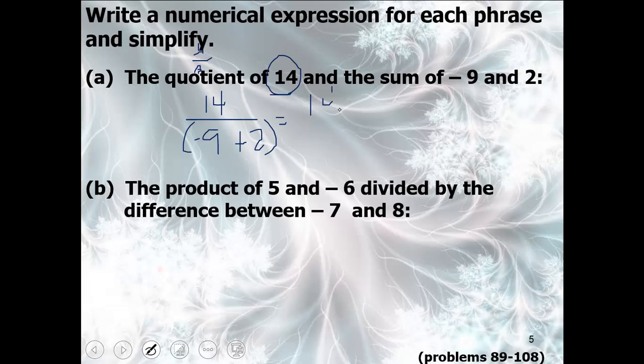I'm adding mixed signs, so I take their difference, and I use the sign that I have the most of. I have more negatives. 14 divided by negative 7. I'm dividing mixed signs, so it's negative 2. I can reduce top and bottom by 7.